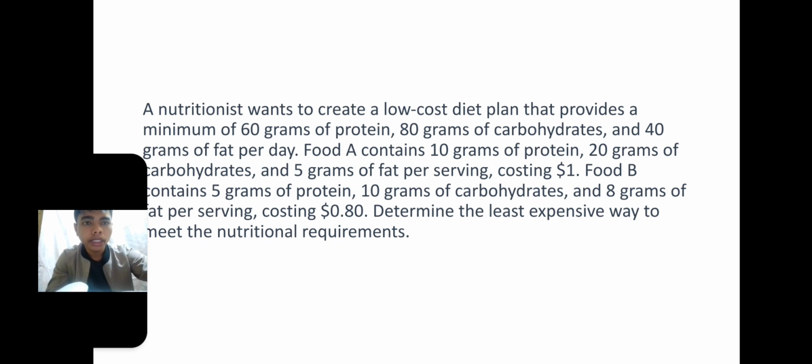Food A contains 10 grams of protein, 20 grams of carbohydrate, and 5 grams of fat per serving, costing $1, and Food B contains 5 grams of protein, 10 grams of carbohydrate, and 8 grams of fat per serving, costing $0.80. Determine the least expensive way to meet the nutritional requirements.